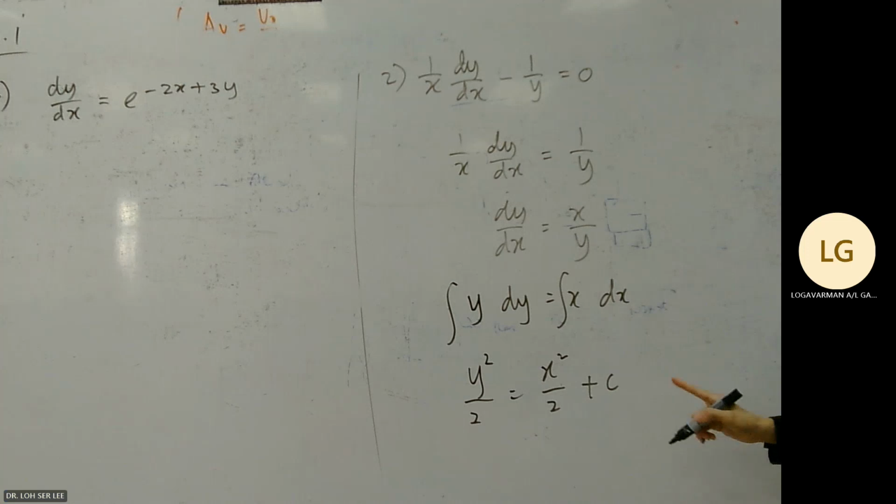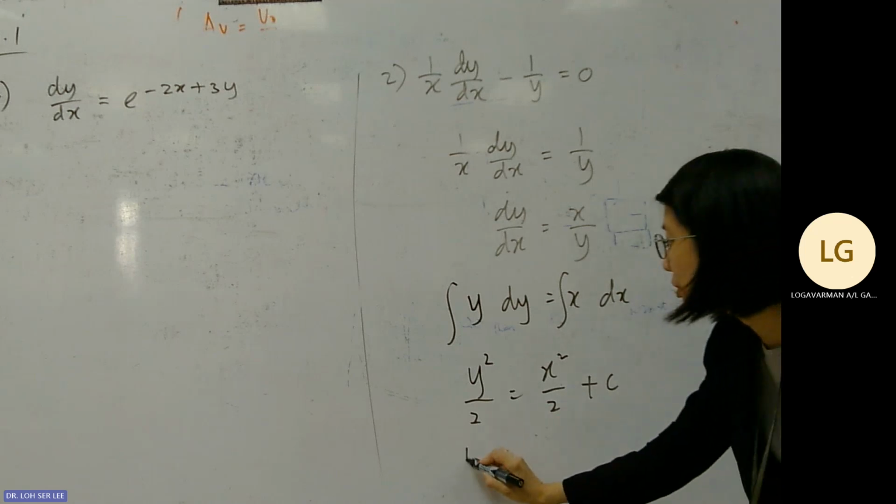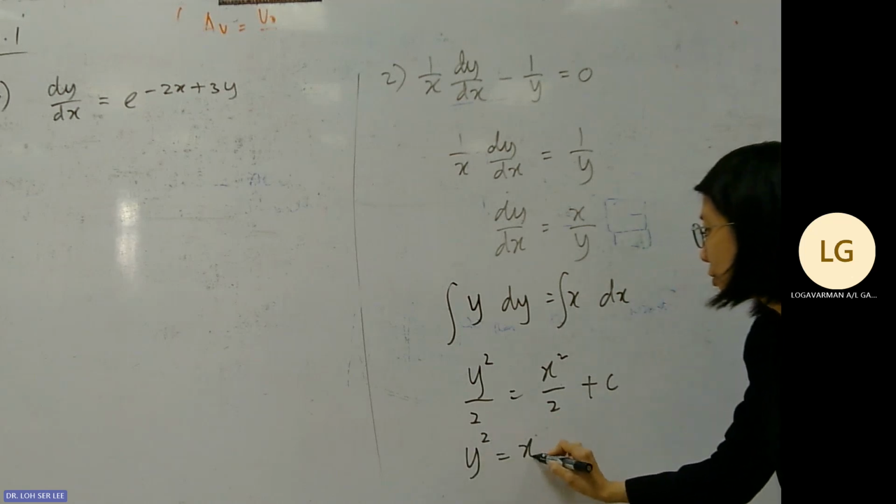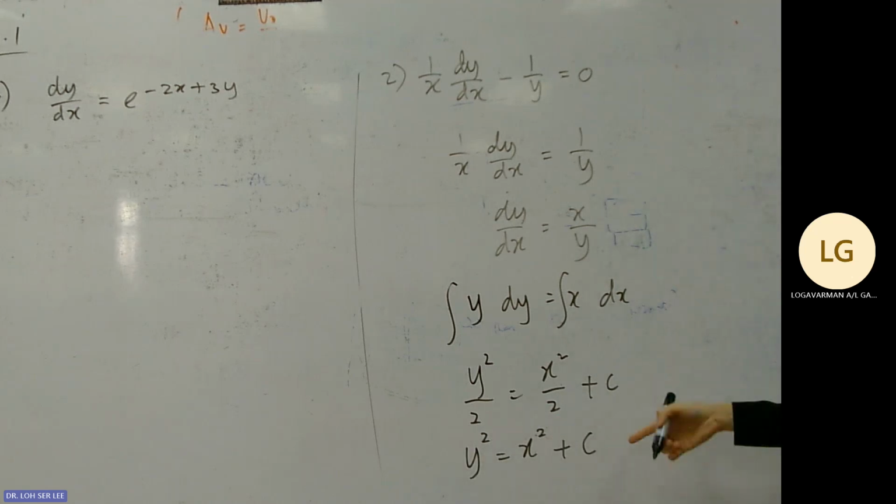Okay, this one we can simplify by multiplying the 2 to all of the terms. Multiply the 2, so you have y squared equals x squared plus still a c. 2c is still a constant.